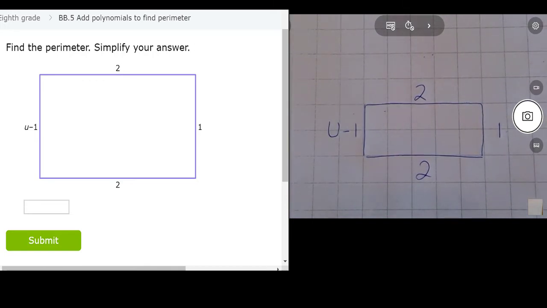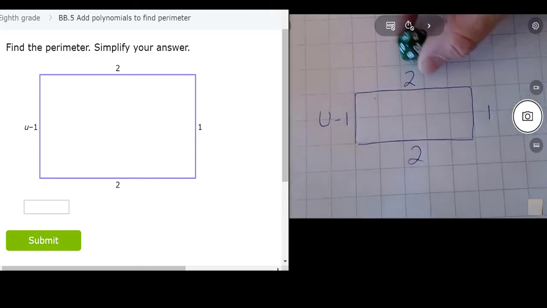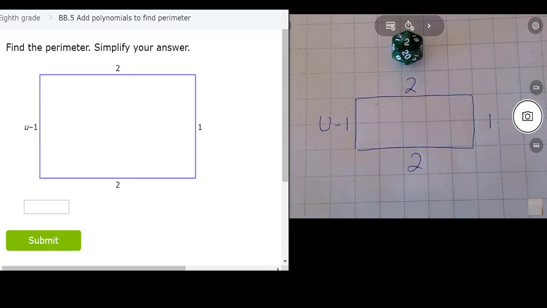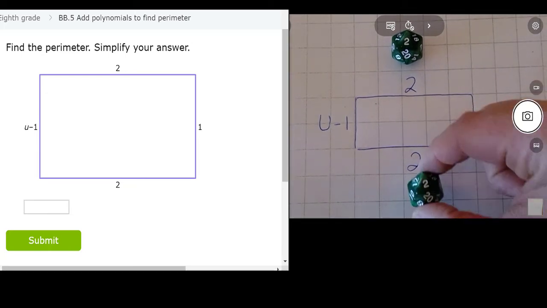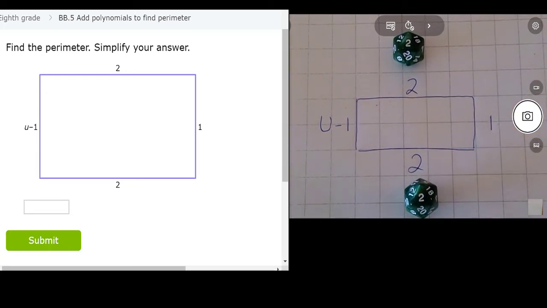Now, the great part about positives and negatives is that you can represent them by color. So when I represent, obviously, the 2, that's going to be a green 2 right there. We're going to have another green 2 right here. We're going to have a positive 1.